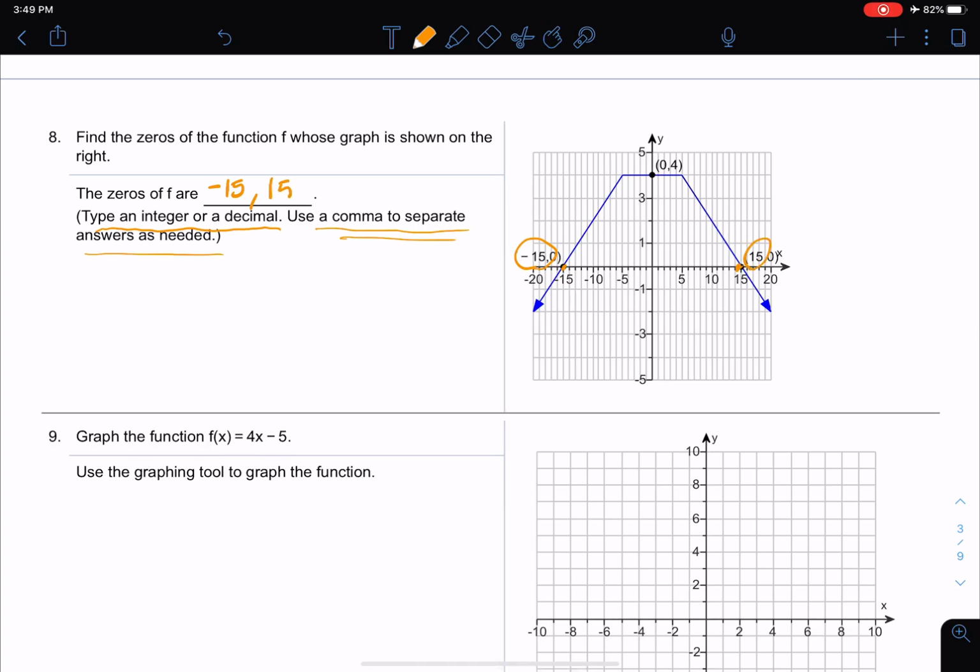Easy to kind of have a mental lapse and use ordered pair, but it will nail you on that, and you will soon find out. You got to write it as individual numbers when they're talking about zeros. When they're talking about intercepts, they'll want ordered pairs, and they tell you right there too, right? I could see how you can forget that, but they give you a clue in parentheses, so just look at the clue.